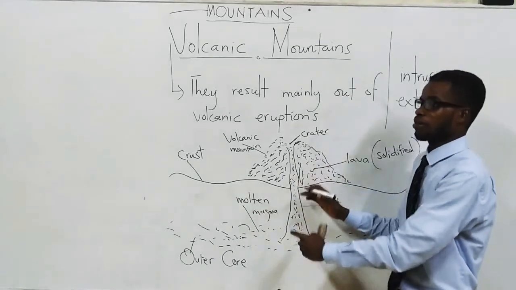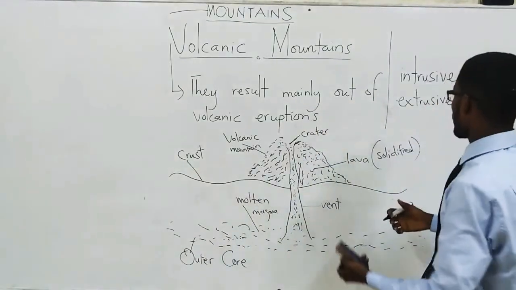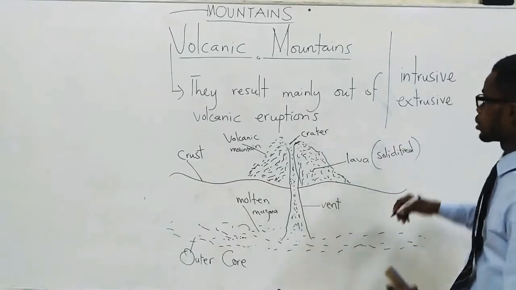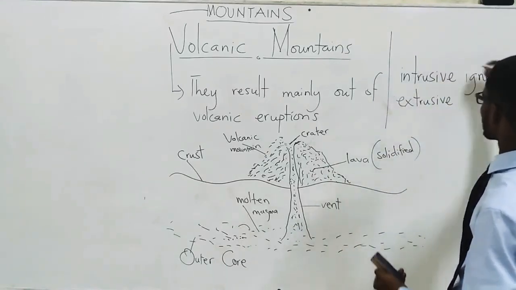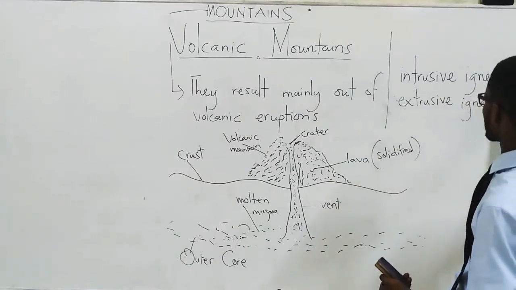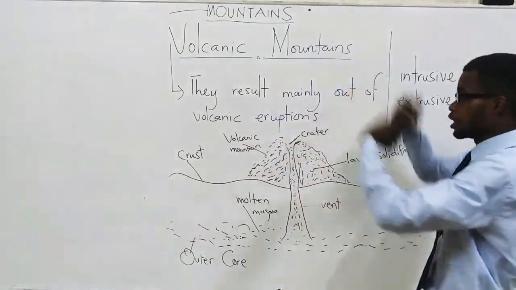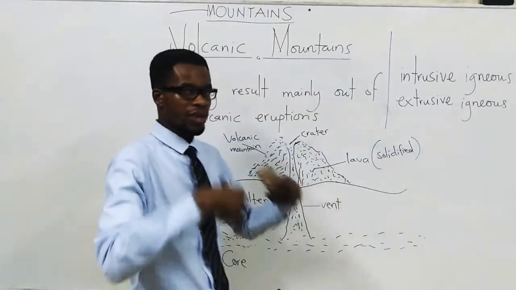So extrusive: the magma that appears as lava and solidifies and becomes rock becomes extrusive igneous rock. So extrusive is outside, on the surface; intrusive is inside, within the surface.